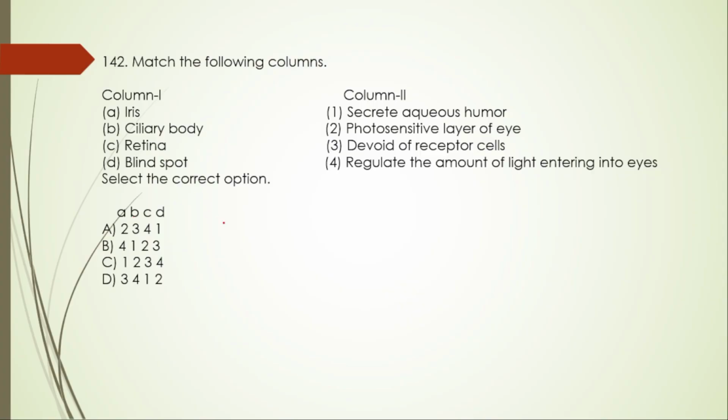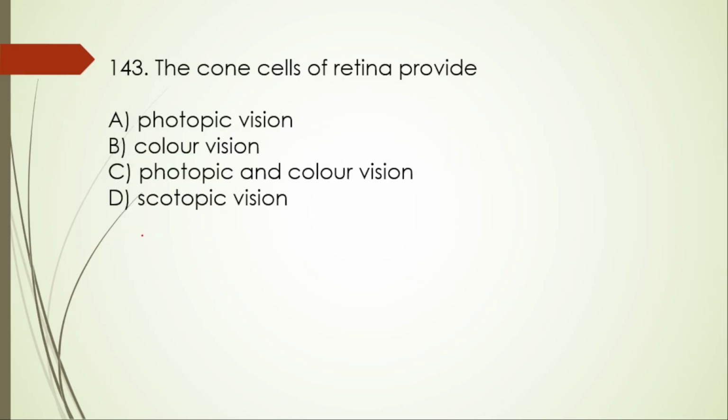Iris regulates the amount of light entering into the eyes. Next, ciliary body is for secreting aqueous humor. Retina is the photosensitive layer of eye. And then blind spot is devoid of receptor cells. So A is 4. So the right option is option B.